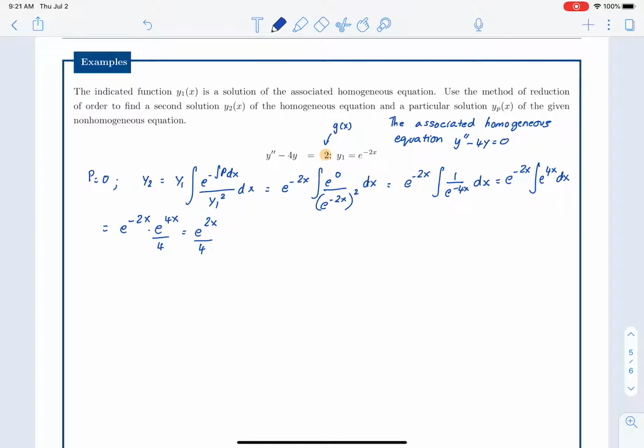Since we have the second solution, the general solution is simply y equals c1y1 plus c2y2, a linear combination of the two solutions that we found. So y would be equal to c1 e raised negative 2x plus c2 e raised positive 2x divided by 4.